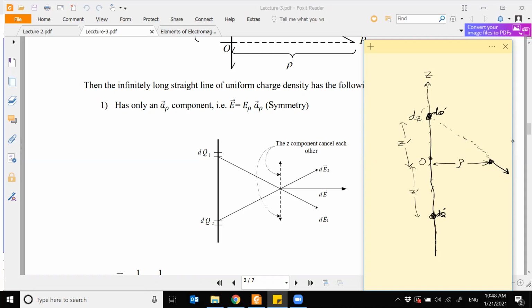But since we want to see it at this point, I'm just trying to find what will be the electric field of this point charge here. So it will be in this direction. Okay? Now, what will be this charge's field at this point? It will be in this direction.